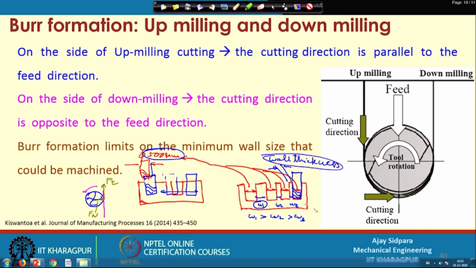At that time, what is going to happen in this case? The material resistance or the support of this material will be very low in this case. So, this is the last one. So, material support is less. Because of that reason, what is going to happen?